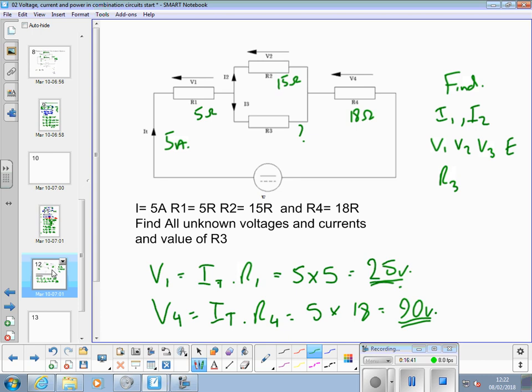Voltage. Work out what? Five divided by... I'm actually now looking at that.